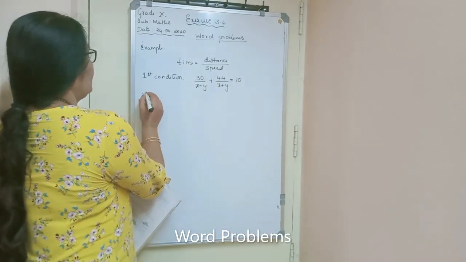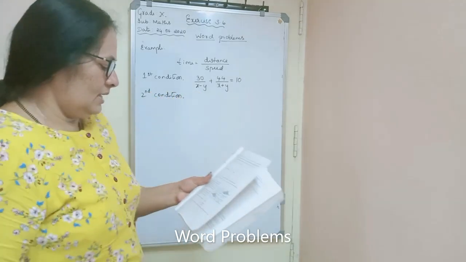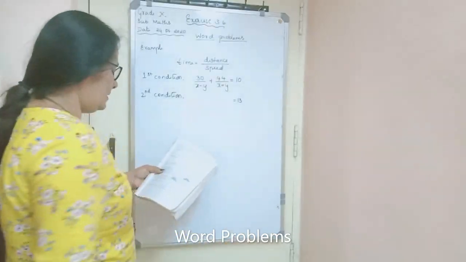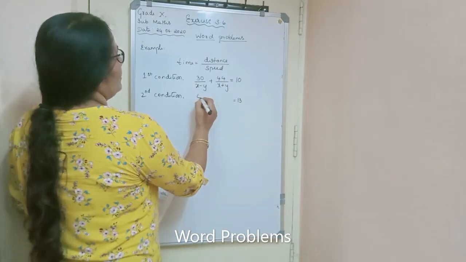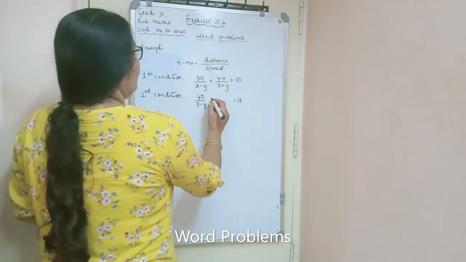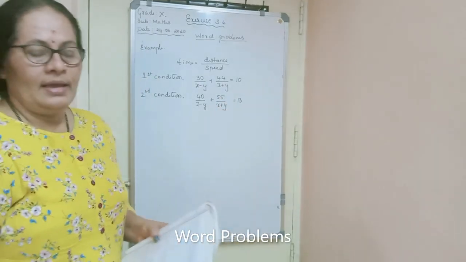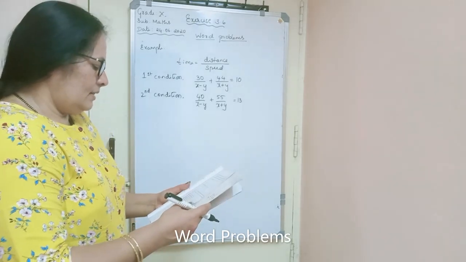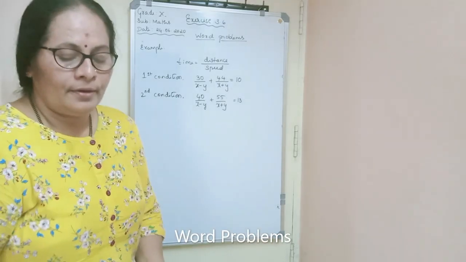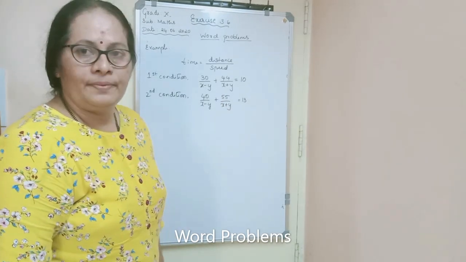The second condition is, in 13 hours, it can go 40 km upstream, 40 by x minus y, plus 55 km downstream, 55 by x plus y. Find the speed of the stream and the speed of the boat. Now x is the speed of the boat and y is the speed of the stream.